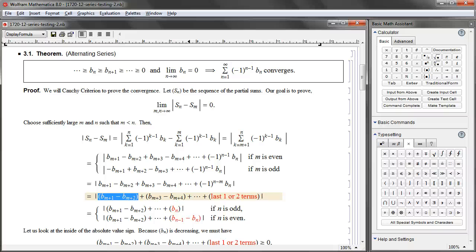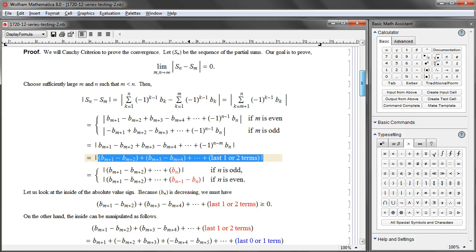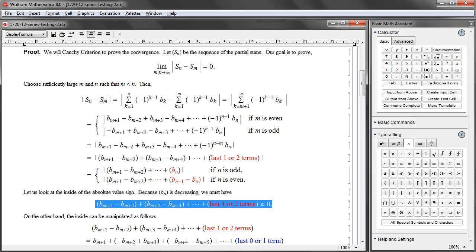Well, we have to have this condition: absolute values steadily go down to 0, so b_{m+1} is greater than b_{m+2}, b_{m+3} is greater than or equal to b_{m+4}, and so on. So all these are positive. So we can throw away all the absolute values, and we end up with this one, and that is greater than or equal to 0.